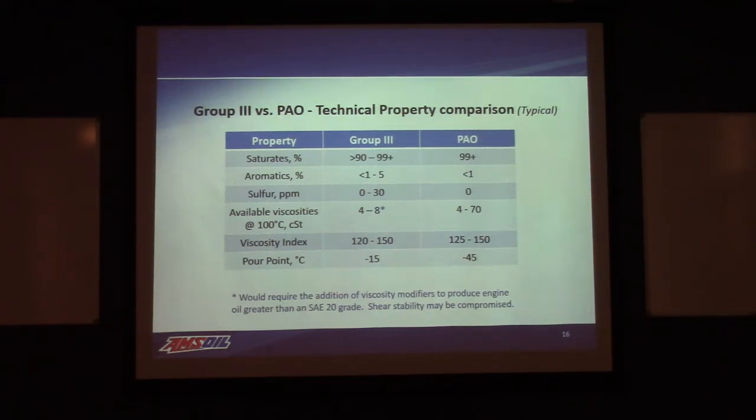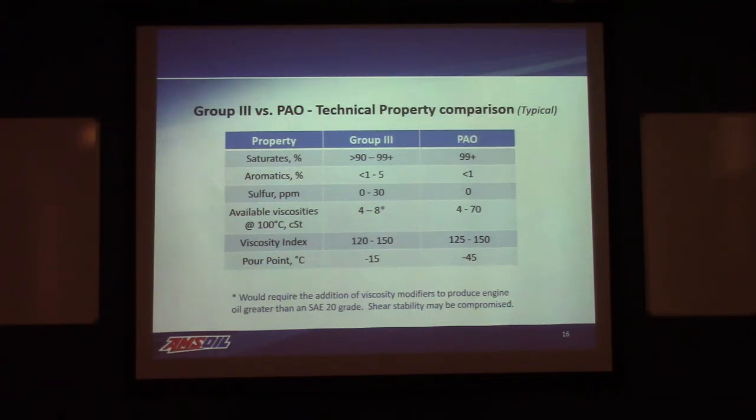Viscosities, PAOs are available in a much wider range than group 3s are. Matter of fact, when you look at group 3s, you see they're basically only available in up to 8 centistoke base fluid, the thickness on there.